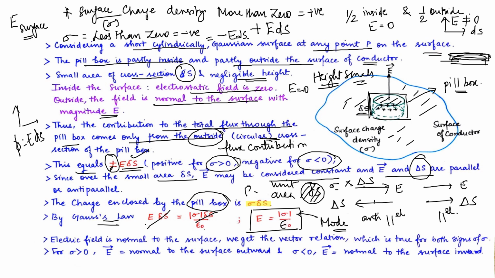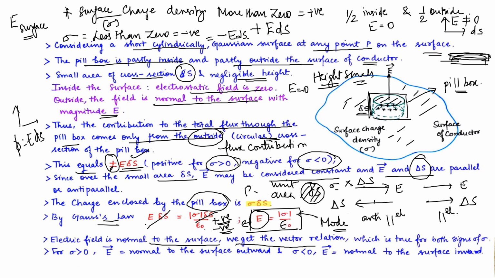Okay, so electric field is normal to the surface. A negative electric field will be generated for a negative charge, and a positive electric field will have positive value for a positive charge. Electric field is normal to the surface.